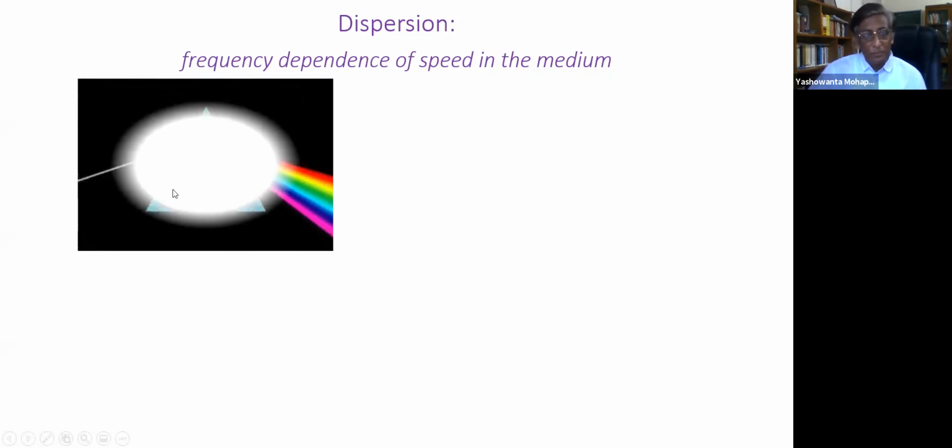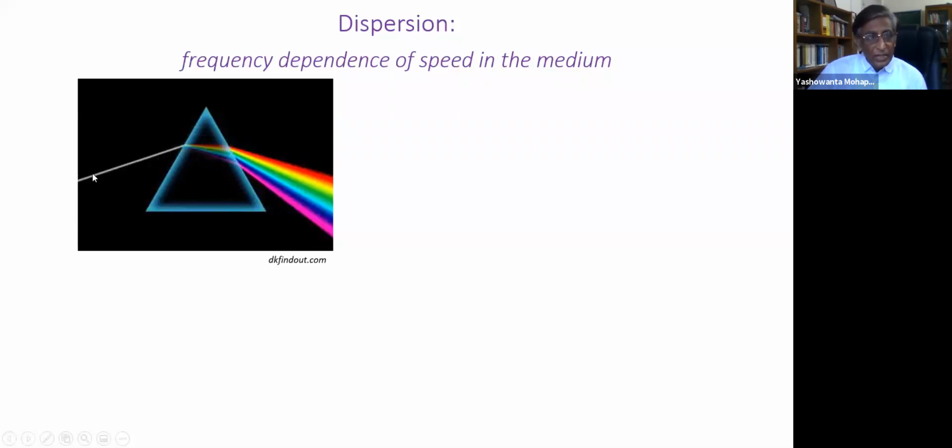Let me give you an example. We know that air is a non-dispersive medium. This light is white because all the constituent colors of visible light give us an impression of white. But once it gets into the glass prism, the glass is a dispersive medium, and there they travel at different velocities. Why?